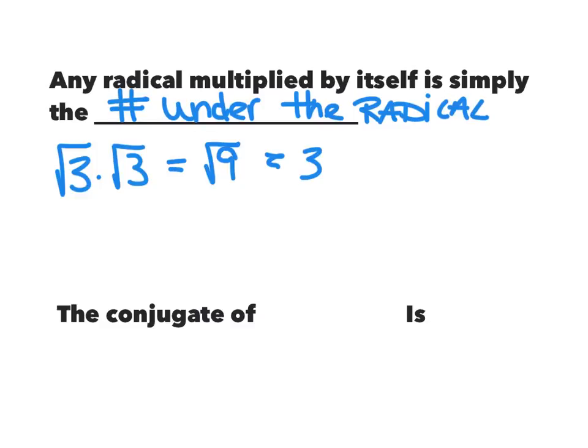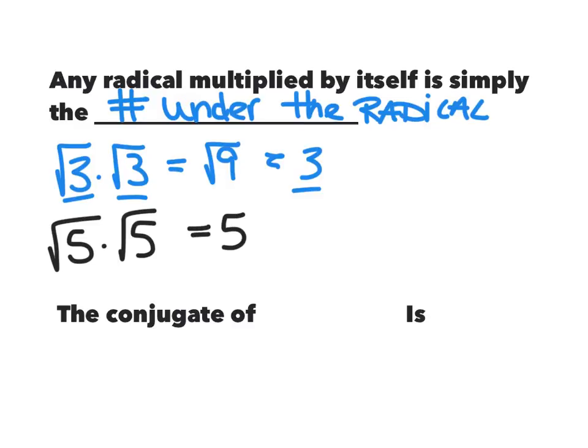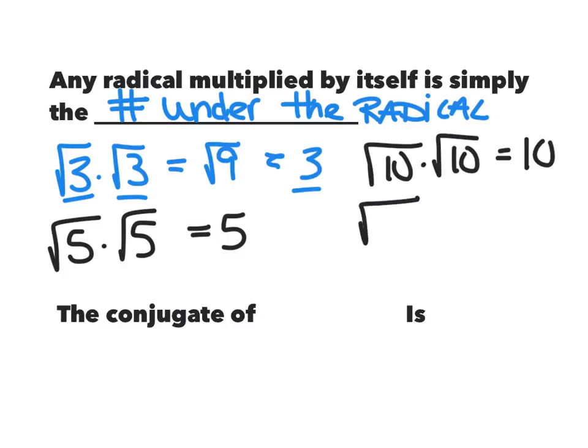So hopefully by now you can say radical 3 times radical 3 is just going to be 3. Likewise, radical 5 times radical 5, do you actually have to do it and simplify, or should you know that it's just going to be 5? Radical 10 times radical 10 is just going to be 10. Radical k times radical k is just k. So again, this only works if the number is being multiplied by itself.